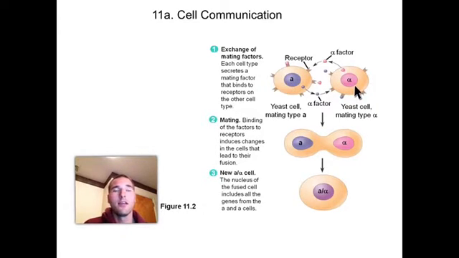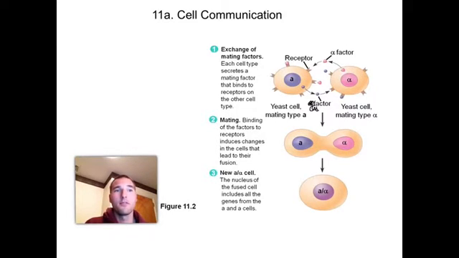Essentially, when an A and an alpha are ready to mate, they produce proteins, little molecules that they excrete, and so the alpha yeast cell will produce what they call alpha factors, and the A yeast cell will produce these A factors, and they basically exchange these chemical signals.